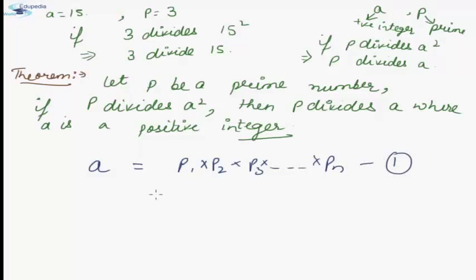Let this be equation 1. Since we need to involve A square also, let us square this complete equation. That is, A square will be the square of this expression.